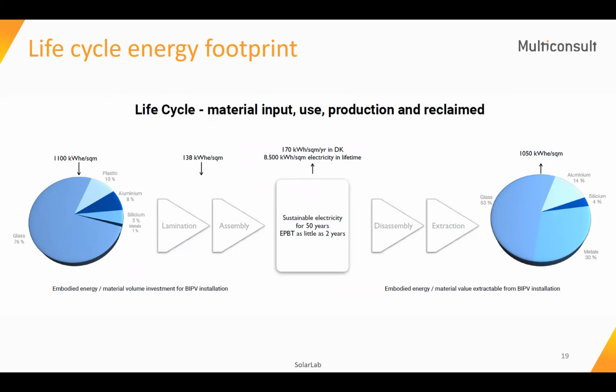This is for Denmark. And if you do proper end-of-life material recovery, you can expect to recover almost 80 to 90% of the electricity that you used to install the system. This shows the life cycle energy analysis of the PV system, and this is for crystalline silicon and chain bonding technology, of course.